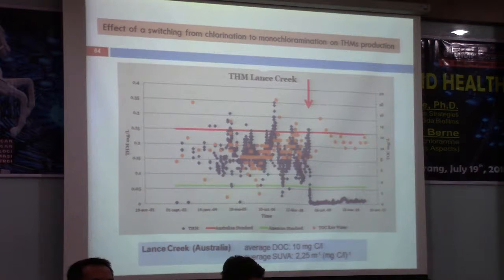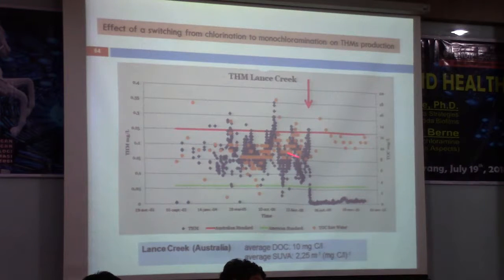Here in orange it is the level of TOC, total organic carbon. This is quite high, about 10 to 12 milligrams of carbon per liter. In France, for example, we are limited at the output of the plant to 2 milligrams of carbon per liter. In dark, the points are the production of THM.